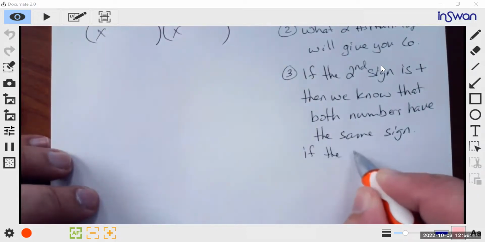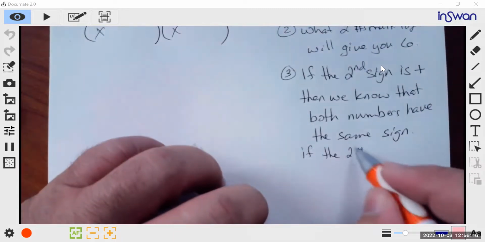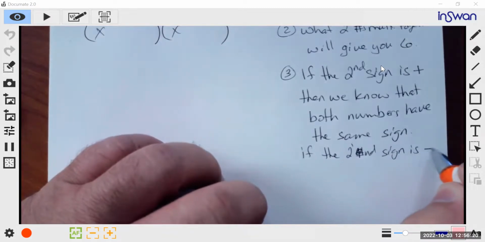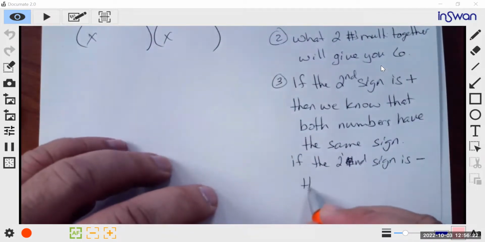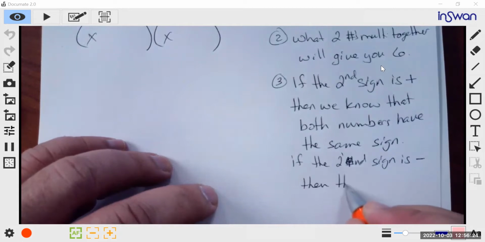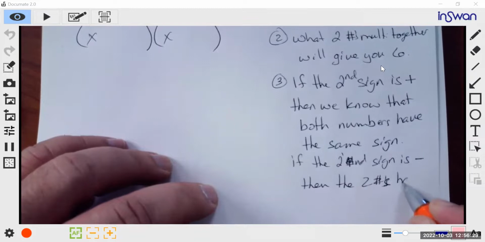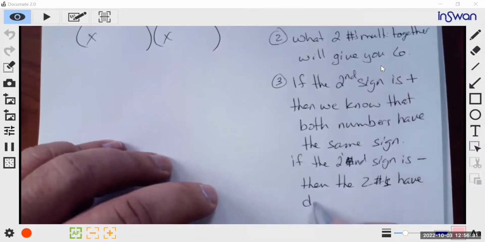If the second sign is negative, then the 2 numbers have different signs.